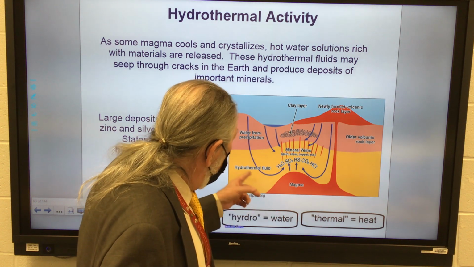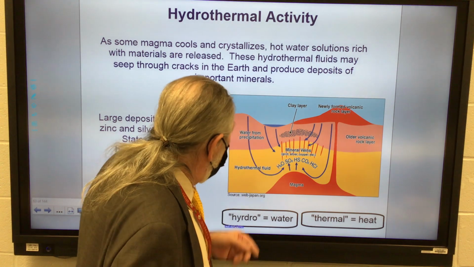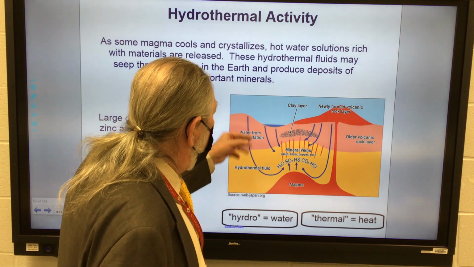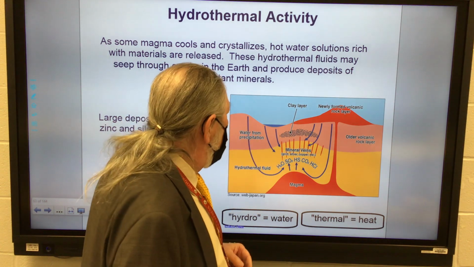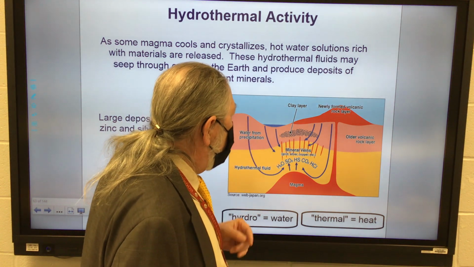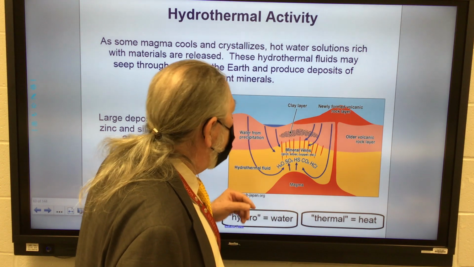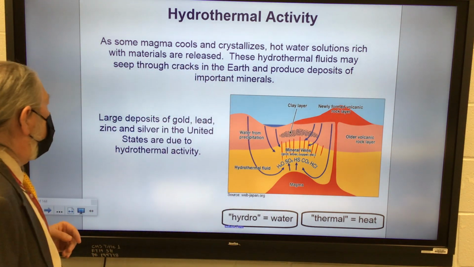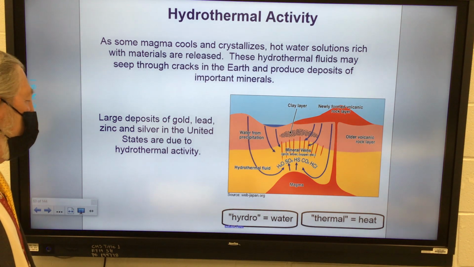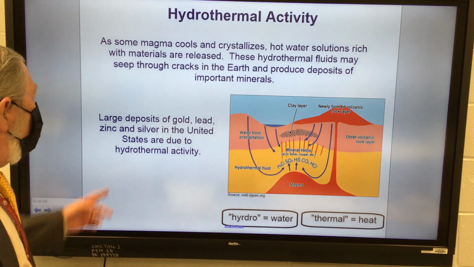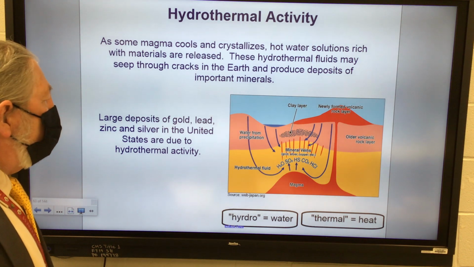Here's the magma. Here's the hydrothermal fluid. There's water that comes from precipitation, like runoff, or water that has soaked through the ground and found its way down here. Large deposits of gold, lead, zinc, and silver in the United States are due to hydrothermal activities.